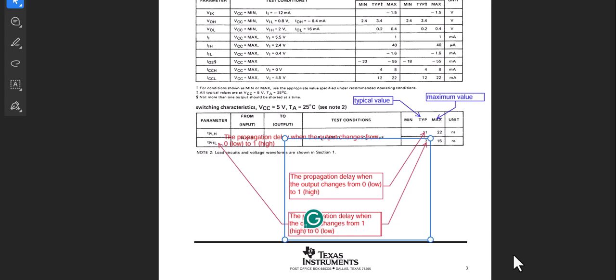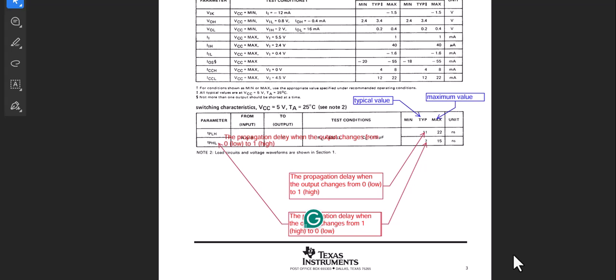And so what this is showing you, the top line is the propagation delay when the output changes from low to high. So when the signal goes from 0 to 1, or low voltage to high voltage, you have the typical amount of time that it takes, and you have the maximum amount of time that it takes, shown here.